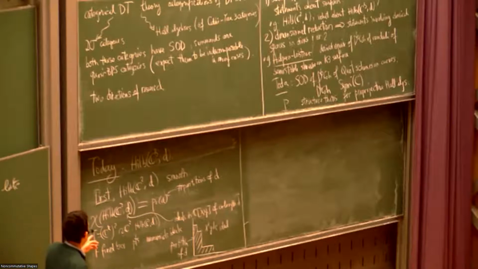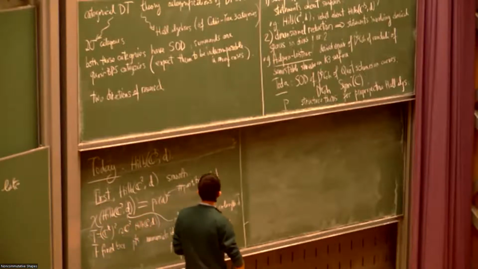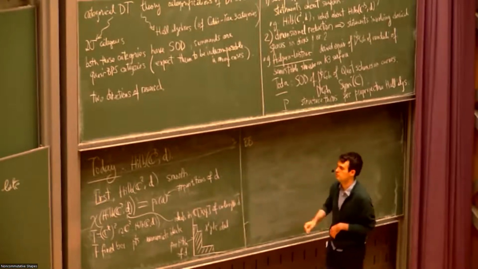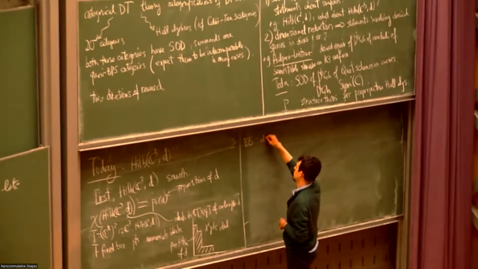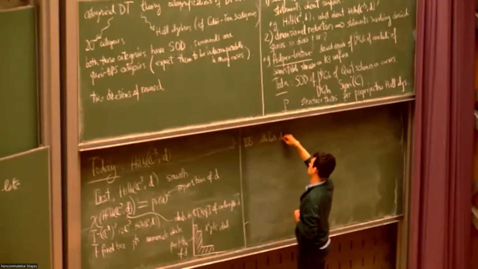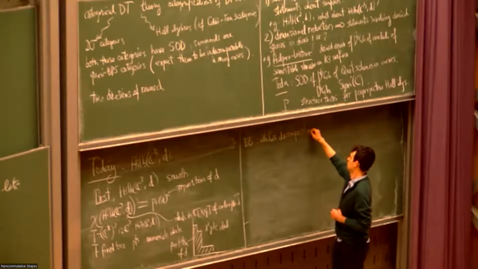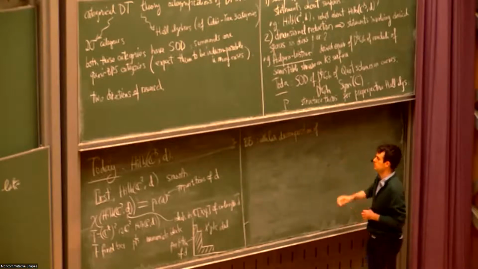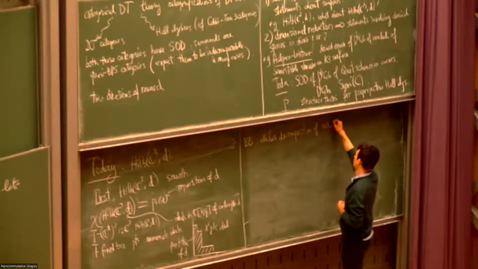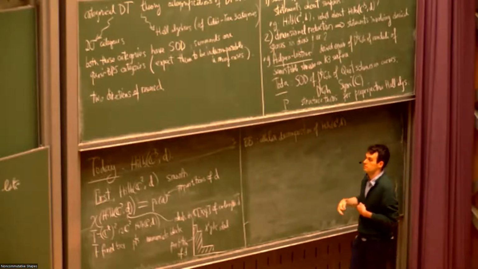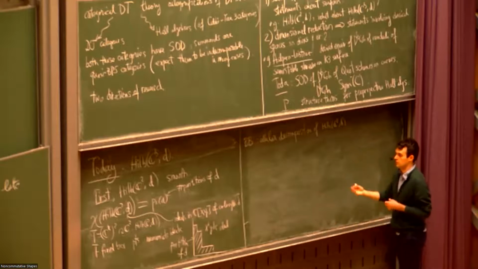And then actually this localization technique and the Bialynicki-Birula decomposition provide a cellular decomposition of Hilb^d C^2. One can compute the number of cells of a given dimension.